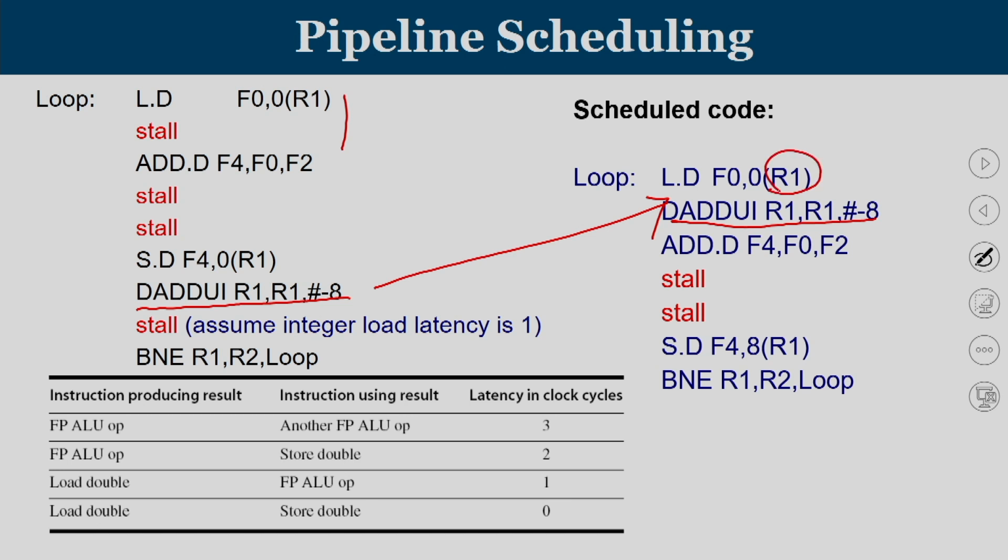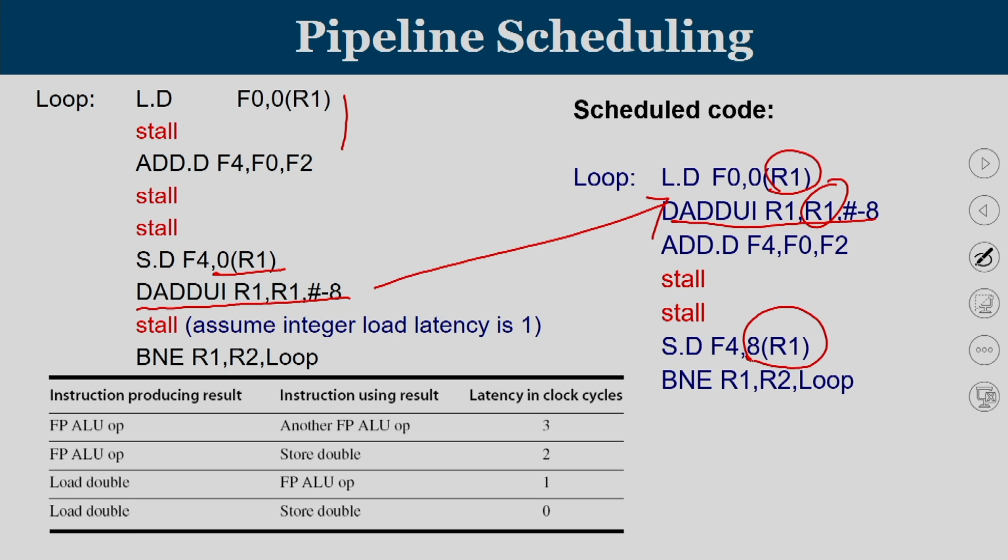This subtract instruction is also reading from R1, and both reads happen one after another, so it is not a problem. So, by this rearrangement, now the value of R1 is updated. Once the value of R1 is updated, you have to see that rather than 0 of R1, if you wanted to store into the same location, you have to do it with 8 of R1.